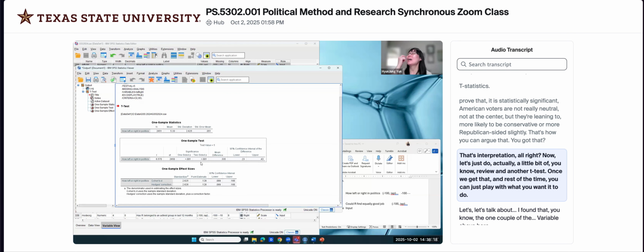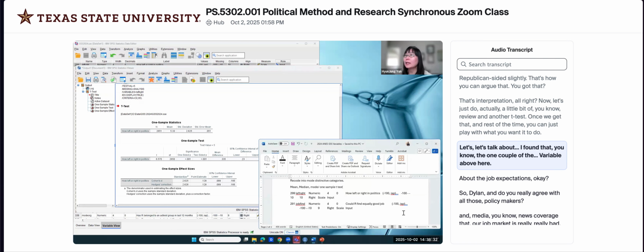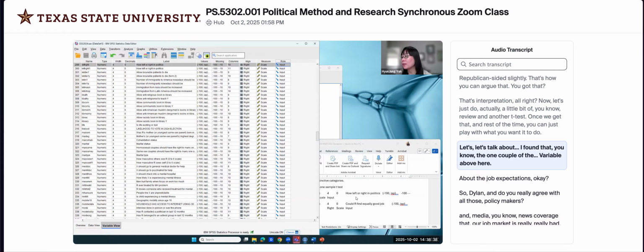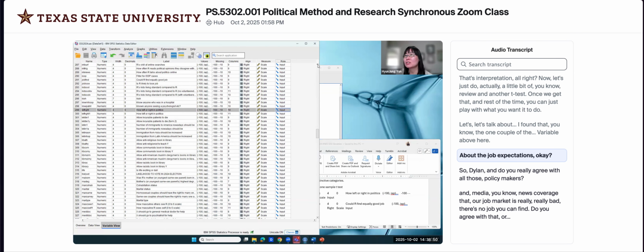All right. Now let's do a little bit of review and another t-test. Once we get that, for the rest of the time you can just play with what you want to do. Let's talk about a couple of the variables above here about job expectations.